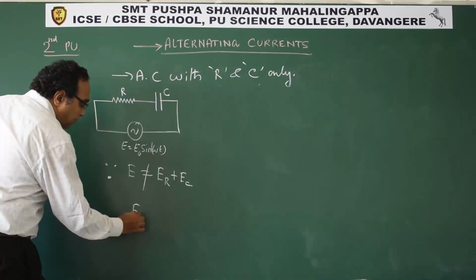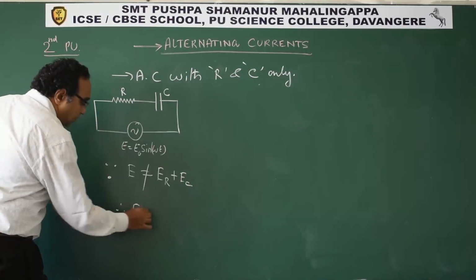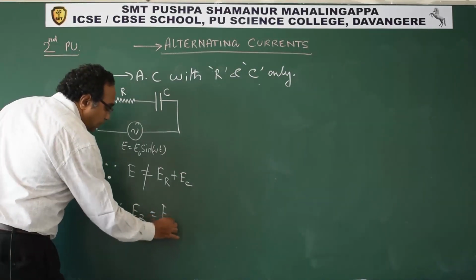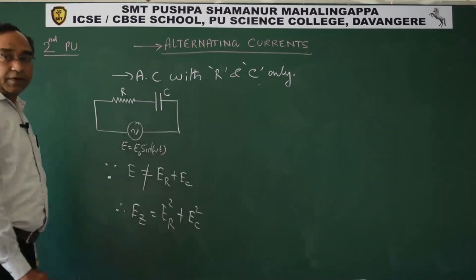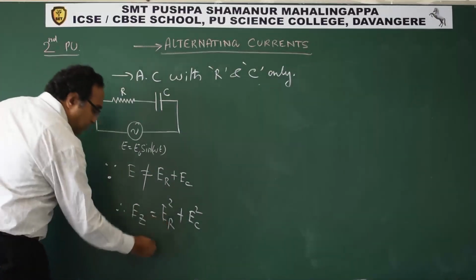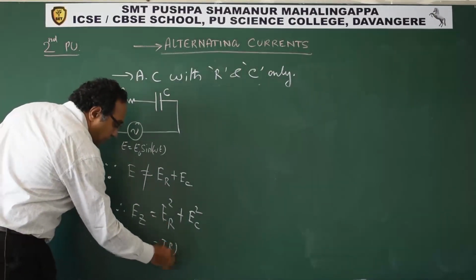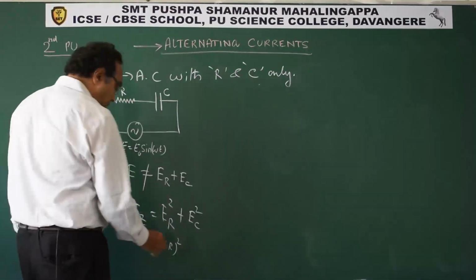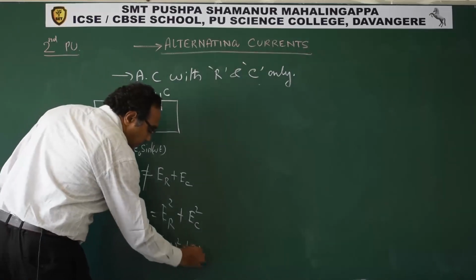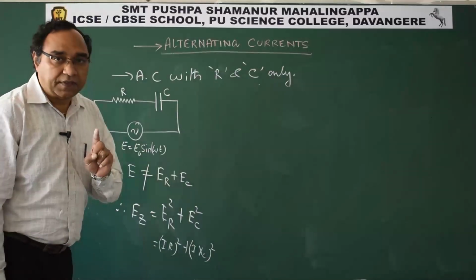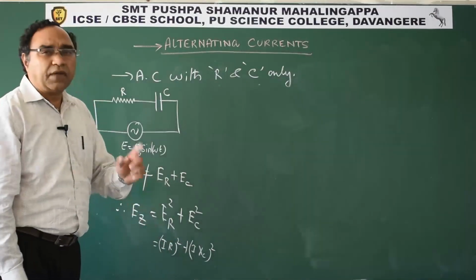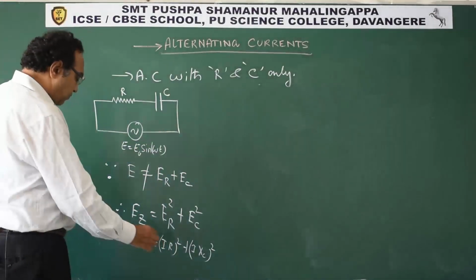So what we can say now? EZ will be what? ER square plus EC square. So ER, same thing, I into R. EC, also the same thing. We have seen XC in a C only circuit. So I am writing the same thing as we did in the previous circuit. No difference.